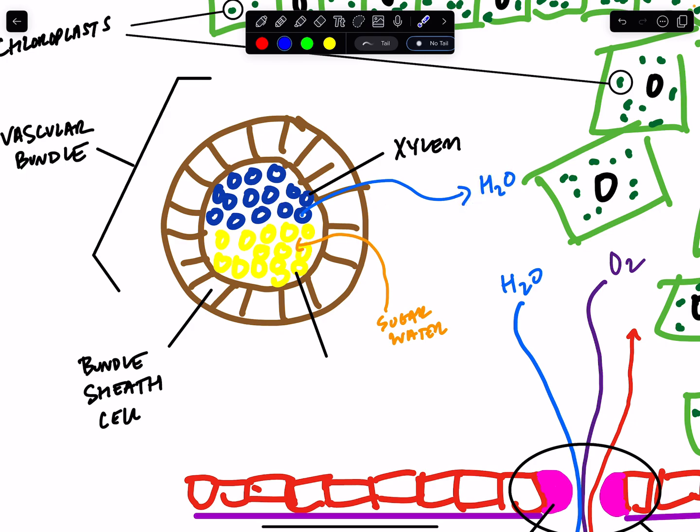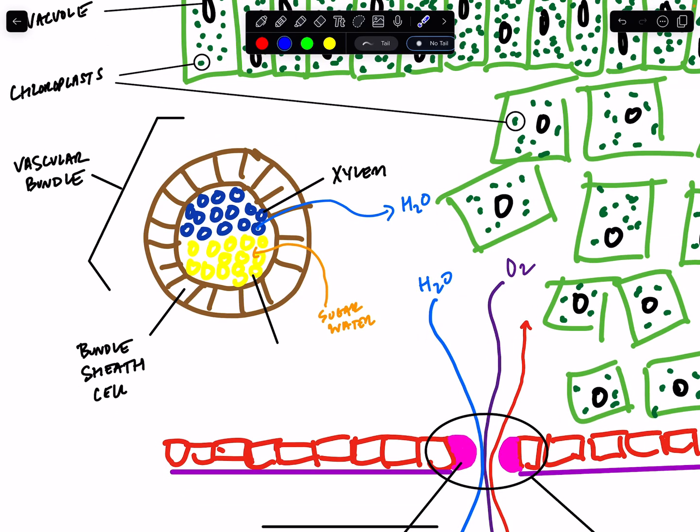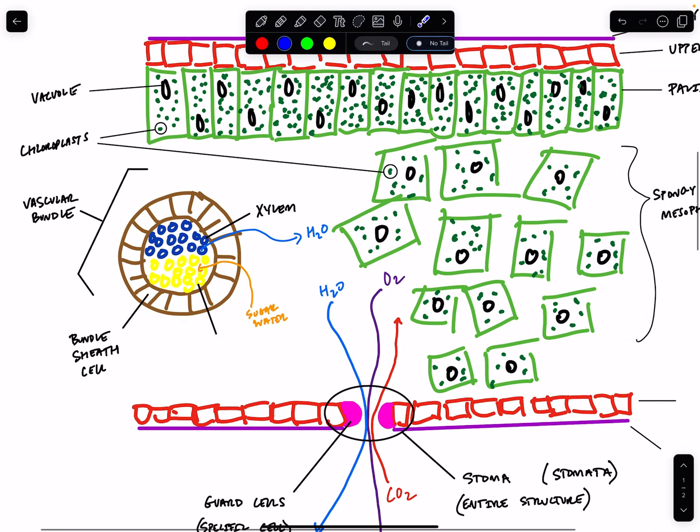So you can see here I've labeled this H2O, and so the water is going to move up via capillary action, so against the pull of gravity, but without any input of energy required by the plant, which is pretty amazing. Plants can move thousands of gallons of water against gravity via capillary action every day.